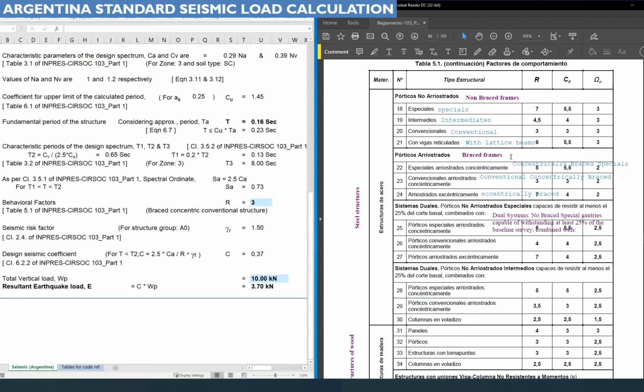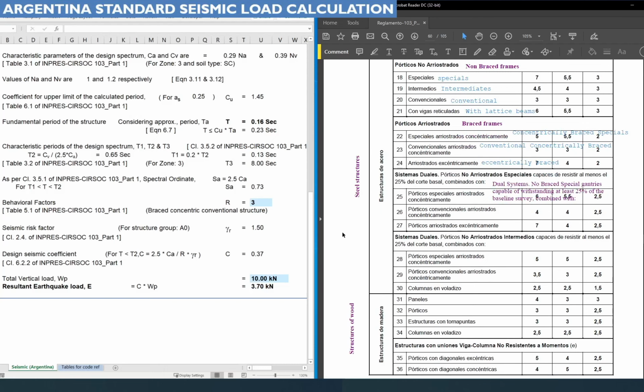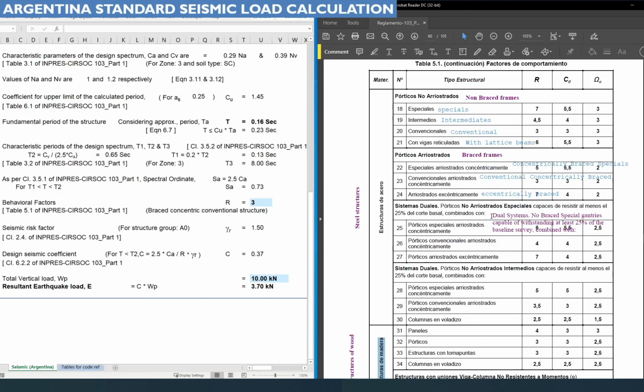Second one is braced frames: concentrically braced specials, conventional concentrically braced, eccentrically braced. So these are the steel structures and these are the wooden structures. Third class in steel structures is a dual system.